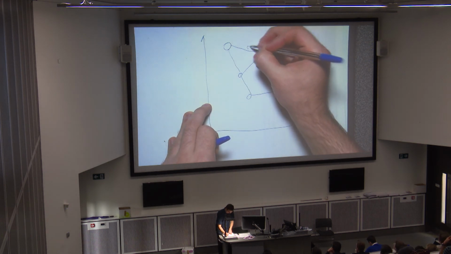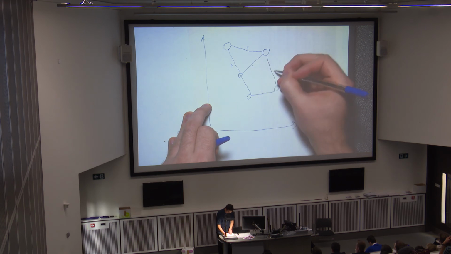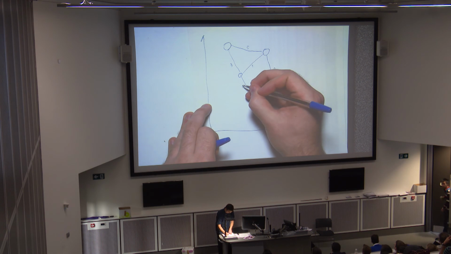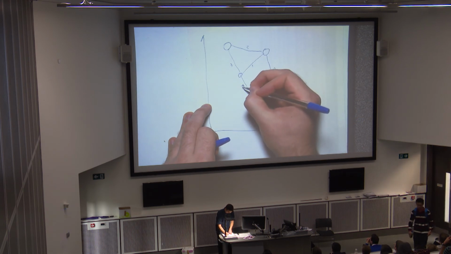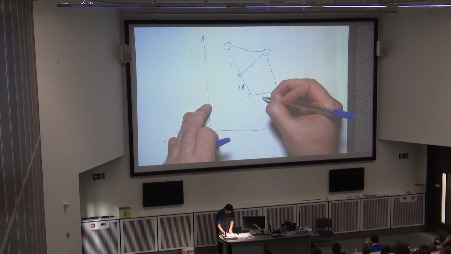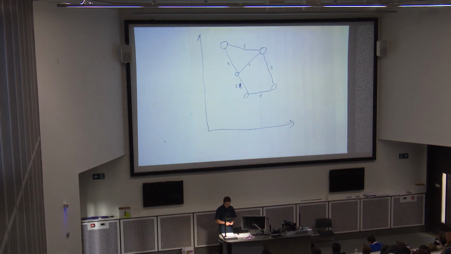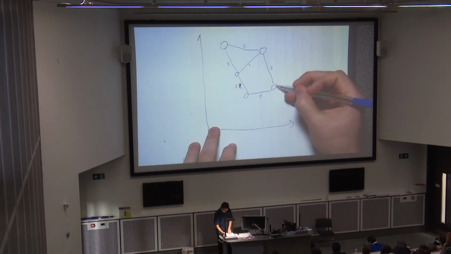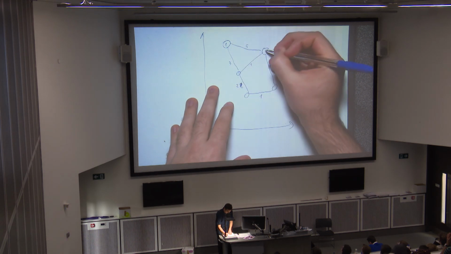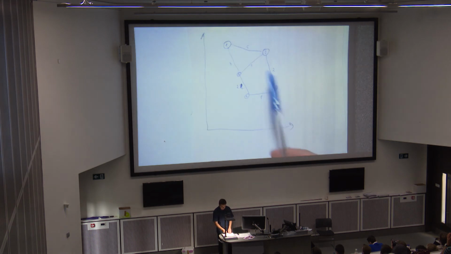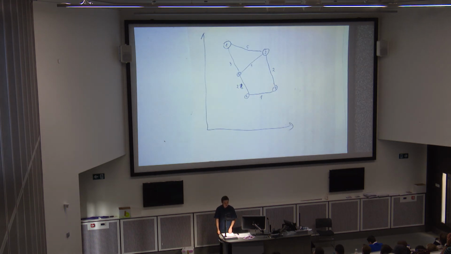So you've got distance 5 here, 3, 1, 2, 2 again, and another 1. Okay, and we're trying to calculate the distance from this point till this point, which are also going to be 1, 2, 3, 4, 5. Okay, and now how would we do that with A star, let's say?